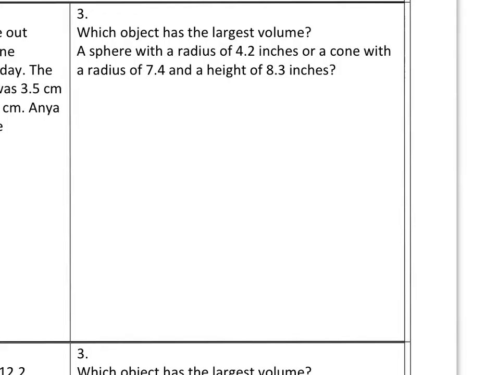Okay, so I'm going to break this up into two objects here. We're going to go ahead and address a sphere with a radius of 4.2 inches. And our second object is clearly telling us a cone with a radius of 7.4 inches and a height of 8.3.